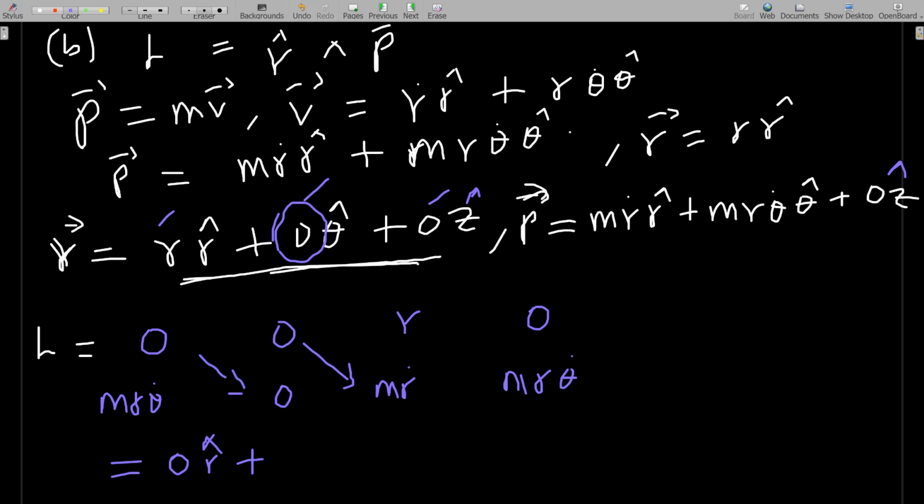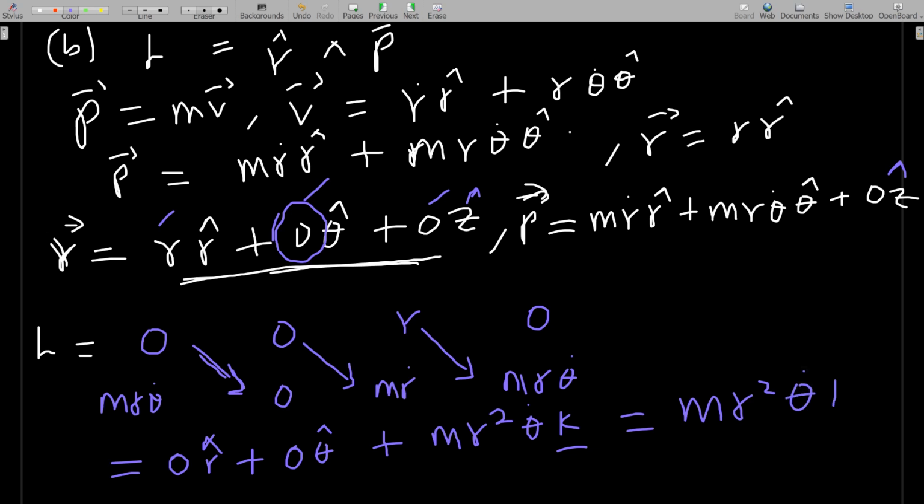So 0 times this is 0, minus this times that is also 0. So you still have 0 theta cap, and plus this times this, so it becomes r times m r theta dot, minus this times that, which gives 0. So I have m r squared theta dot in the k direction. This solution is very simple: m r squared theta dot in the k direction.